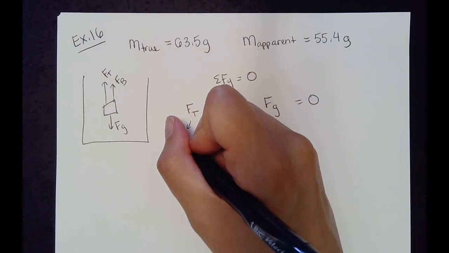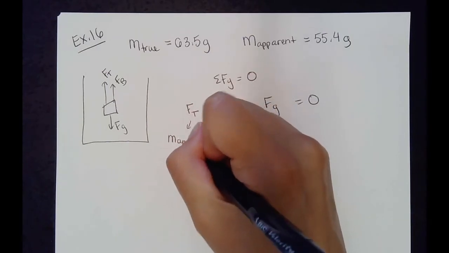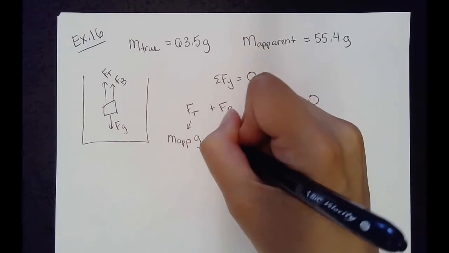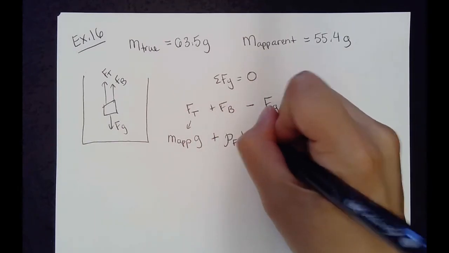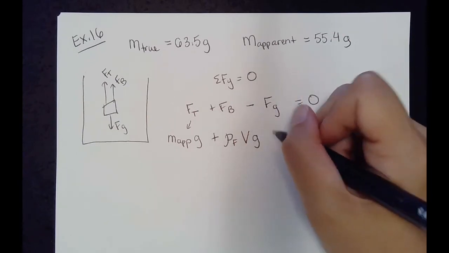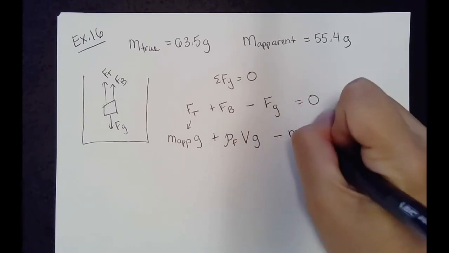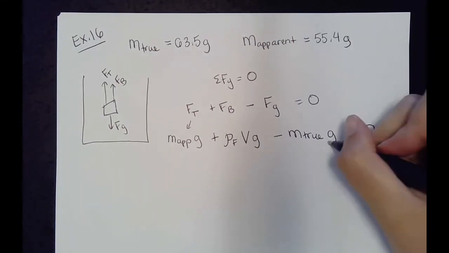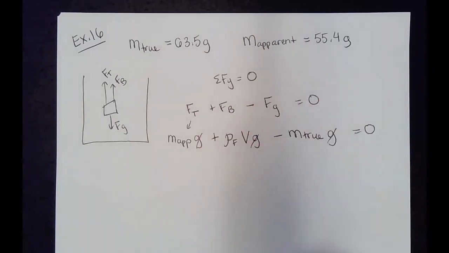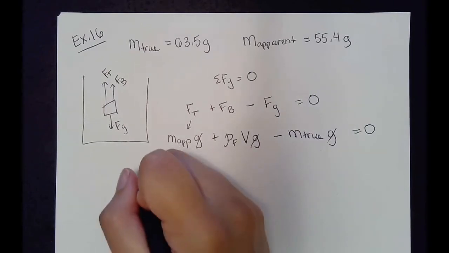So we'll have m apparent times g plus the buoyant force, the density of the fluid times V times g, minus the true weight, the true mass times g, equals 0. We can cancel g right away and then solve for the volume.